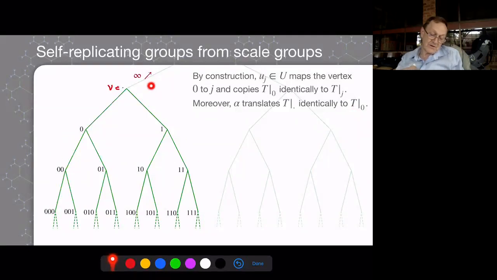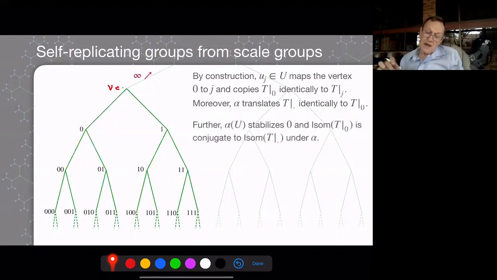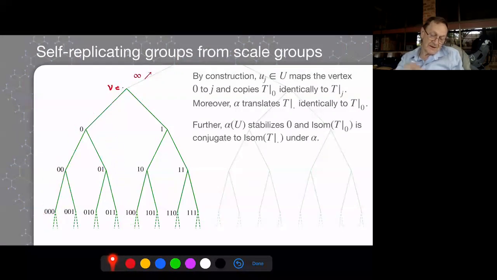So it translates this tree to this tree simply by adding a 0 to the first place of every string. And not only that, but alpha of U stabilizes the vertex 0, and the group of automorphisms or isometries of this tree is conjugated to the group of isometries of this tree by alpha.